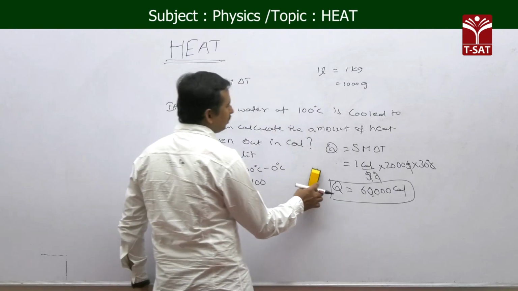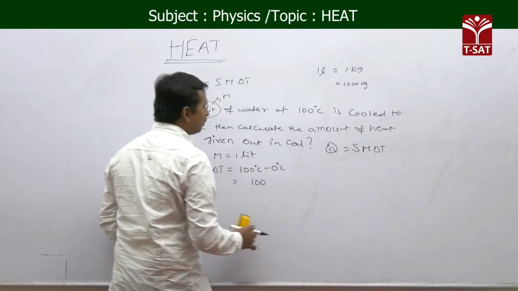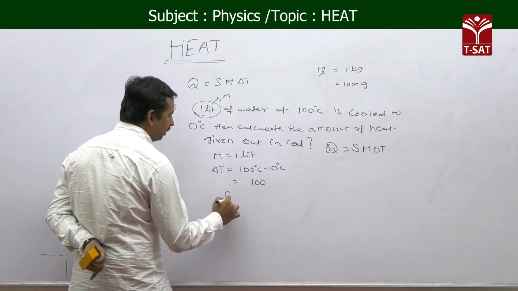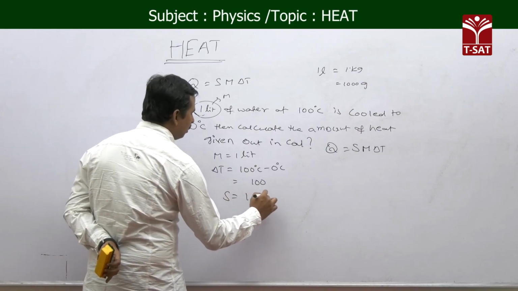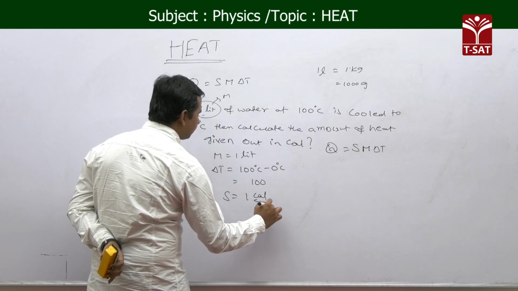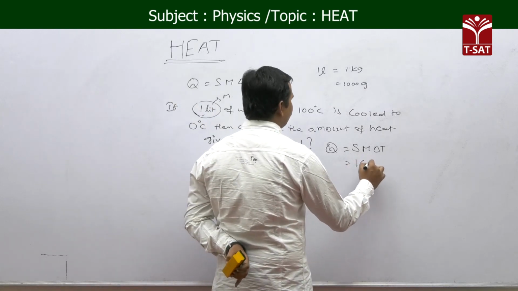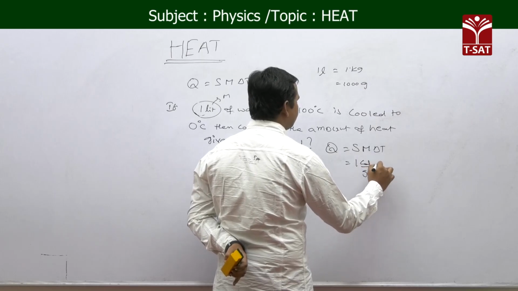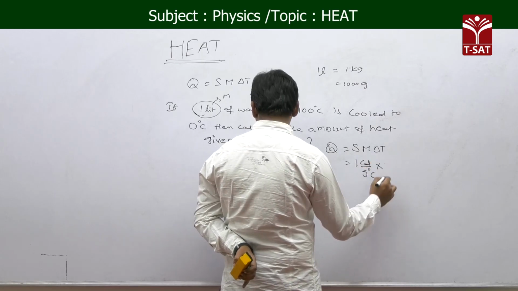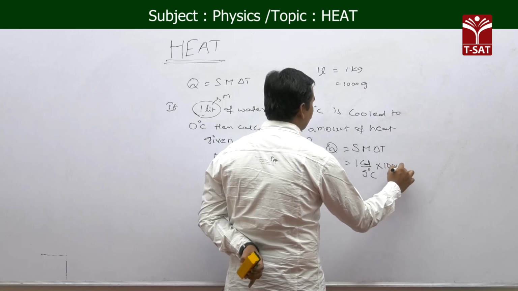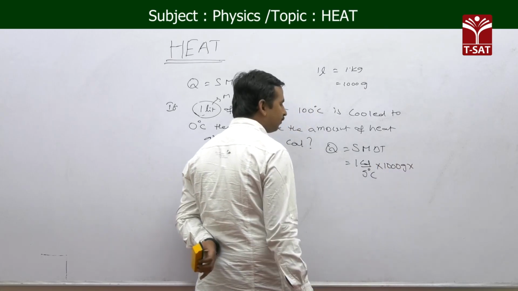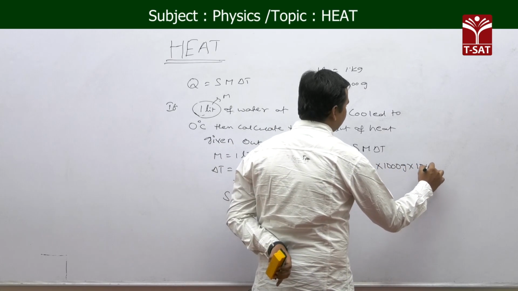Then again, as S is equal to Q by M, Q is equal to S m delta T, and we know S is 1 calorie per gram degree Celsius. So Q is 1 calorie per gram degree Celsius, times mass, which is 1 liter or 1000 grams, times the change of temperature from 0 to 100, which is 100.